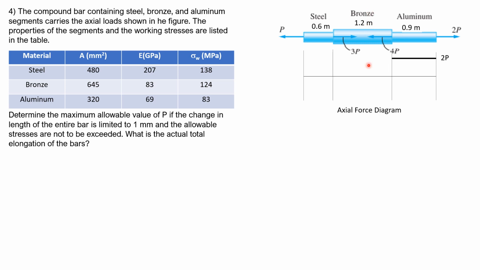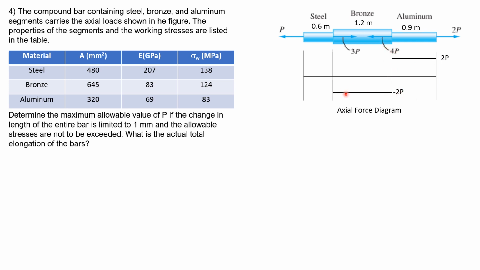Then if we section this bronze here, we have 2P, then this is 4P. The net load is 4P to the left, so the reaction in the section should be 2P to the right. Which means that this member will be compressed and the magnitude is 2P. So 2P, then negative 4P is negative 2P.